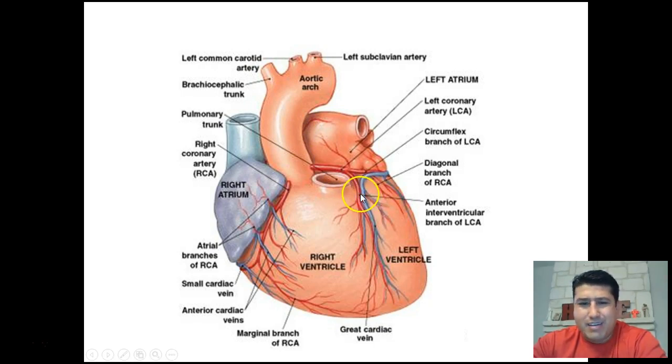I know it's a lot, but if this was the blockage, then they can attach the vein to the aorta here, and then they attach the second part beyond that blockage point. So now blood can bypass that blockage area. If they do it twice, it's a double bypass, triple bypass, quadruple bypass, and so forth. So there are different ways they can treat it.